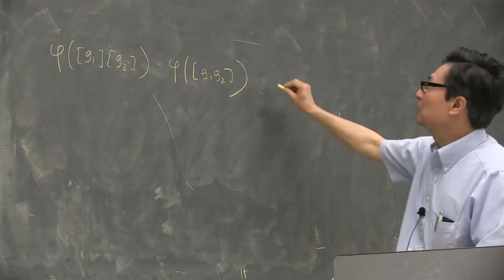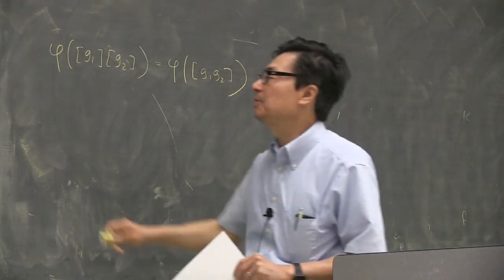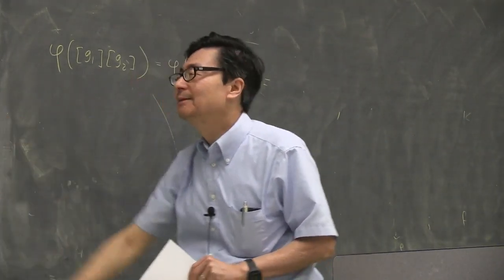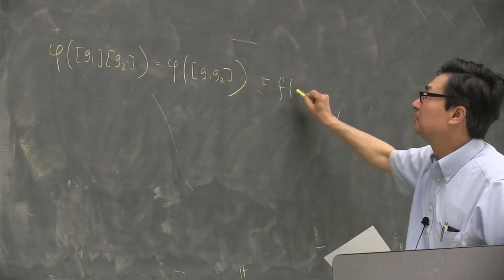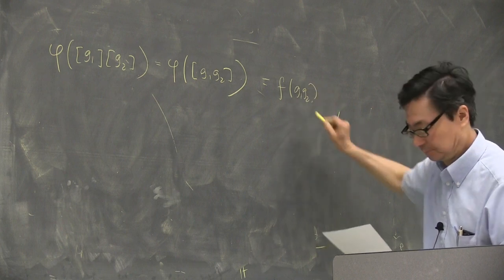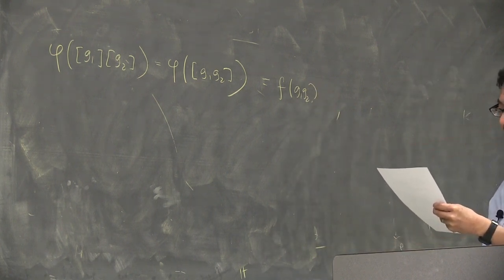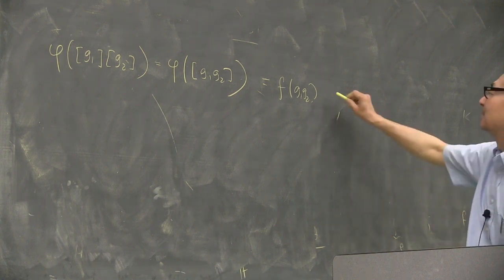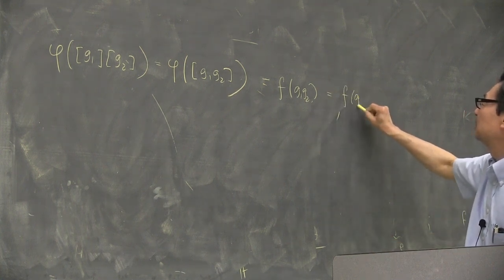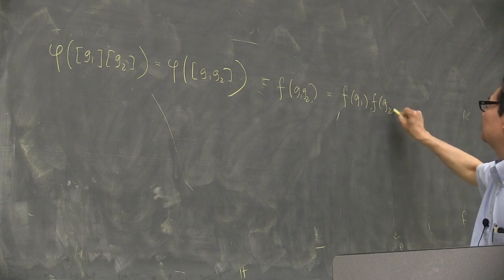And now I make use of the definition of phi in here. And so I'm going to end up with f of g1 g2. Now f is a group homomorphism, which is a basic assumption. And so therefore this becomes f(g1) f(g2).